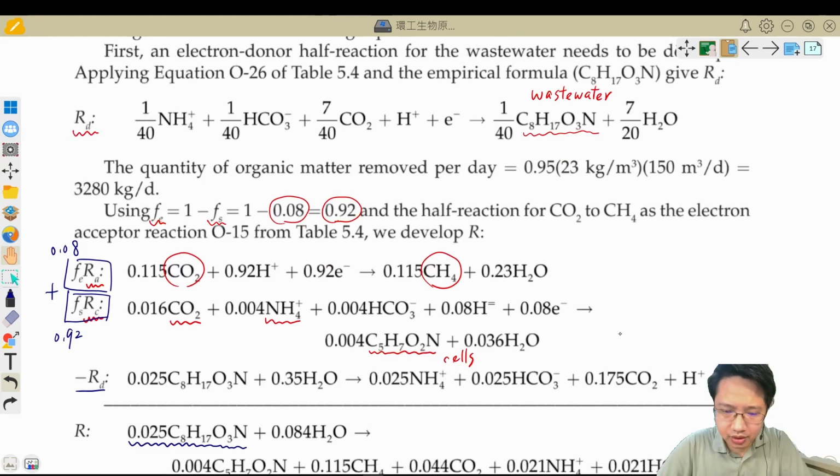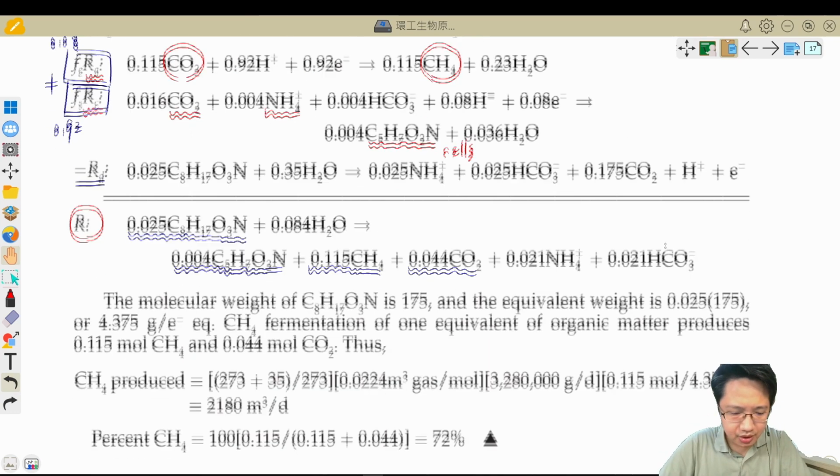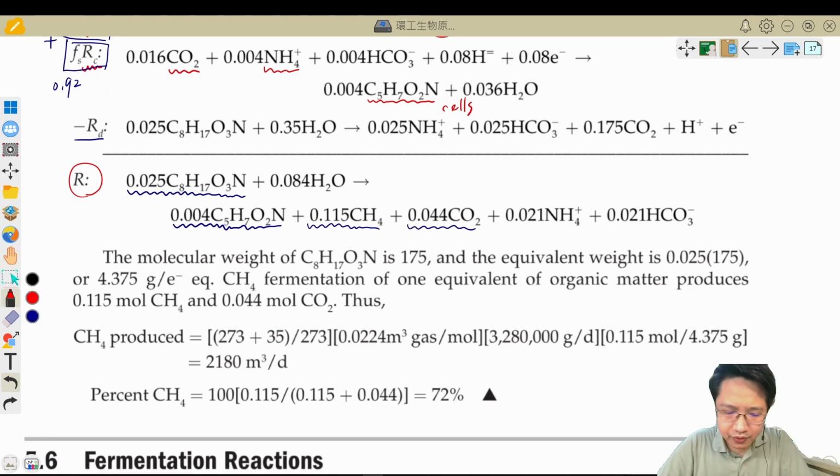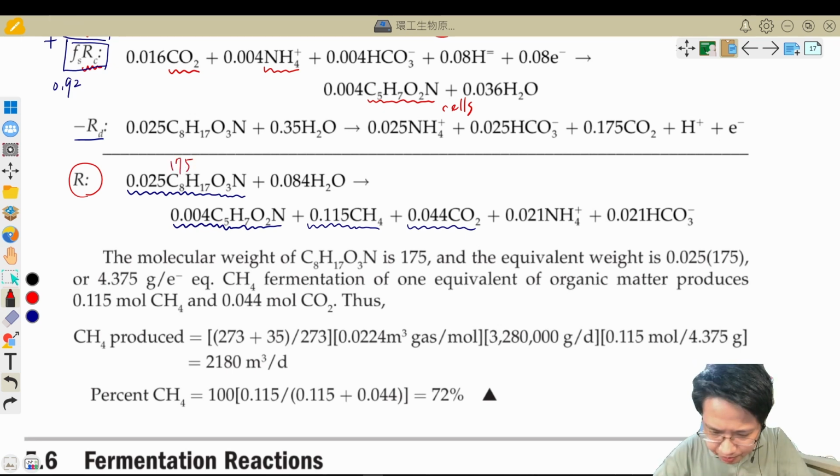Finally, you can use the overall reaction here to get those numbers, such as if the molecular weight for the wastewater is 175. So the equivalent weight is 0.025 times 175, then you will get 4.375 grams per electron equivalent for the methane fermentation.